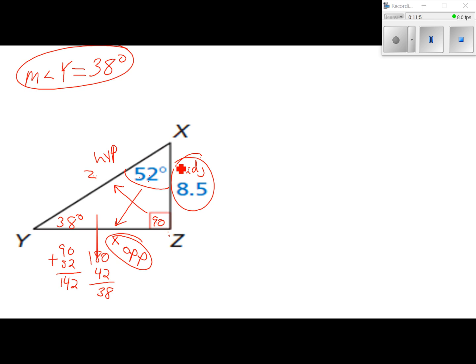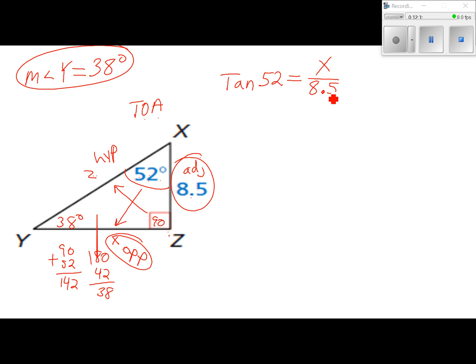So again, the SOHCAHTOA, we're doing the TOA part this time because we're dealing with opposite and adjacent. So that's the tangent. So the equation we're going to set up is tangent of our angle that we picked, which is 52, equals the opposite, which is x, over the adjacent, which is 8.5.